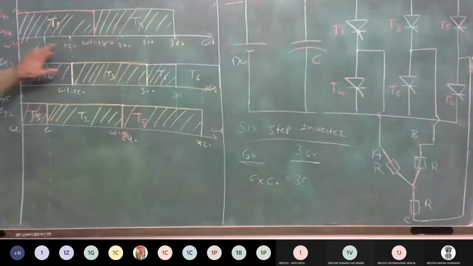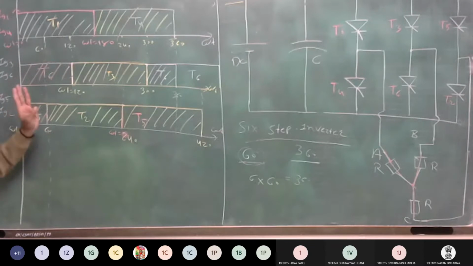T1 is conducting from 0 to 180, so in the first 0 to 60 degree T1 is on. In the second leg, 0 to 60 degree T6 is on. In the third leg, T5 is on. Clear? So three thyristors are turned on at the same time.